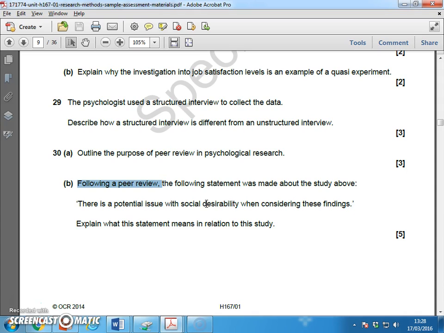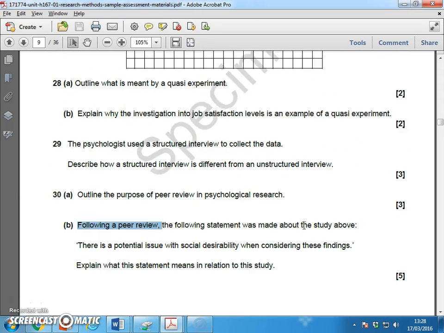Why did you use a self-report there? Why did you use an independent measures design? All right, surely there would have been too many individual differences. So that's what peer review is. And it's really there to increase the accuracy, increase the reliability of research. Okay, so there you go.